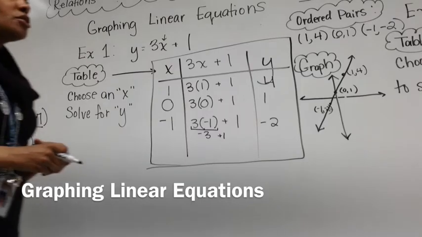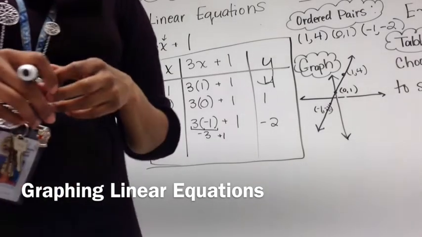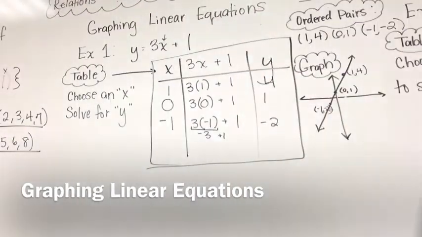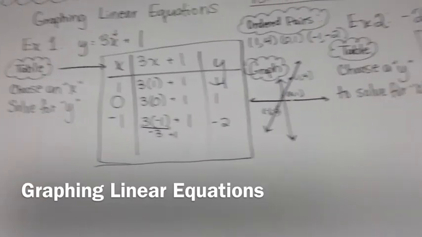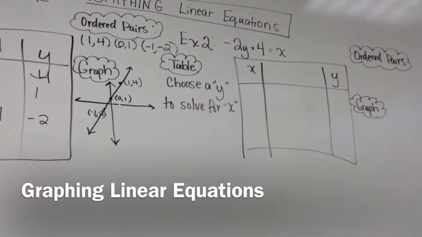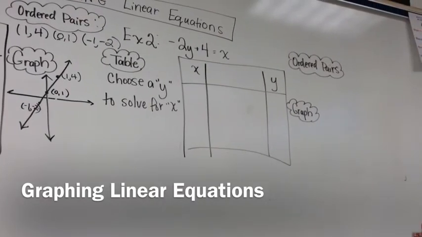Okay, example 2 is a little different. What's a little different about example 2? You're solving for x. Now they want you to solve for x. So we could use all kinds of algebra, and before the break, that's what I suggested that you do.